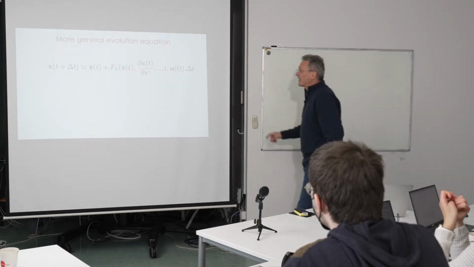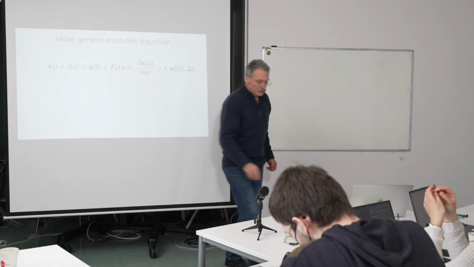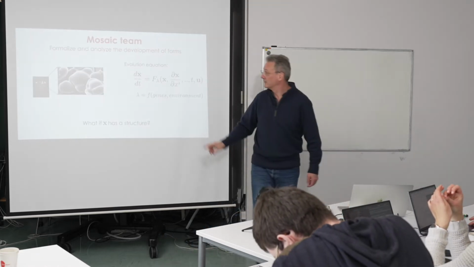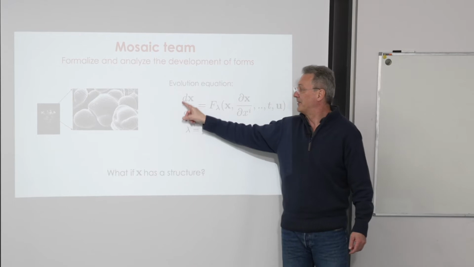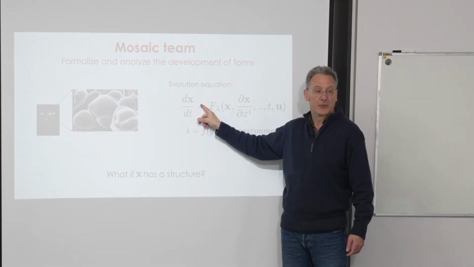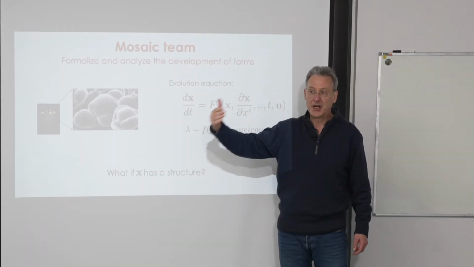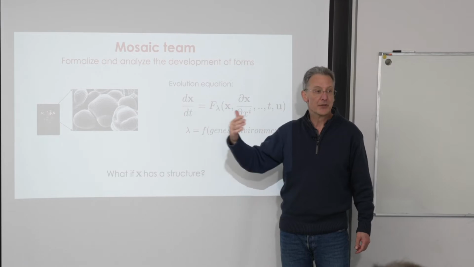So the problem is as follows. If you want to discretize this function here, because this is a variation, so it will express a change in the evolution of the state.